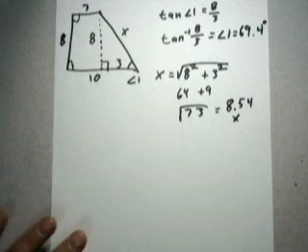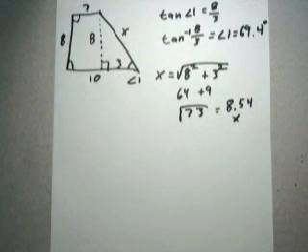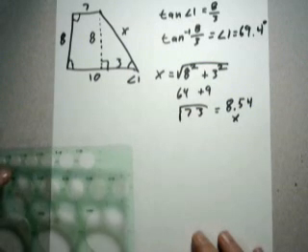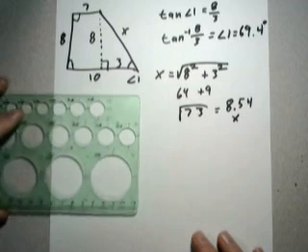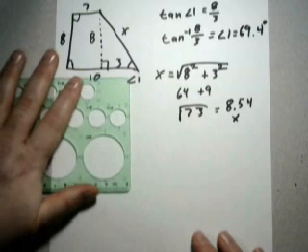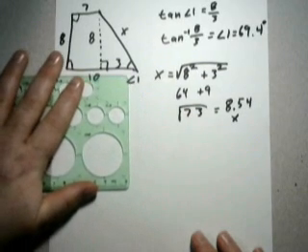Okay, now number 9 is one that's a little bit different. I have to get my template out here if I can. Let's see, let me get it right in there.